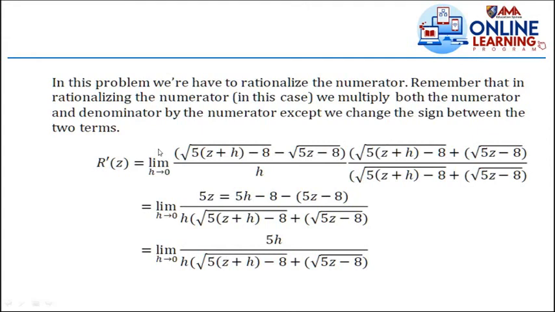Gagawin natin, if 1 all over square root of 2, we're going to multiply by square root of 2 all over square root of 2. So the final answer will be square root of 2 all over 2 po siya. So ganun din po yung gagawin po natin dito. Pero, be careful dahil magpapalit po tayo ng sign po dito. So our purpose of rationalizing our equation is para matanggal po yung radical expression at ma-simplify po natin siya.